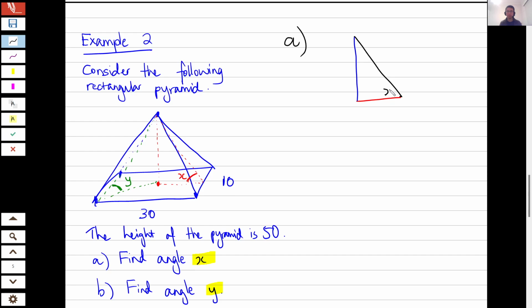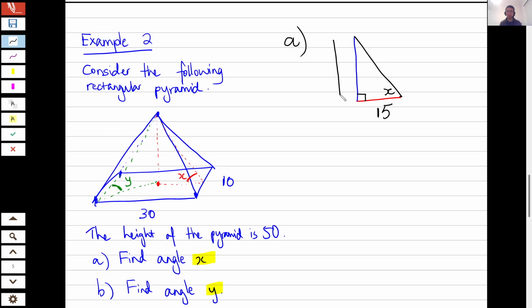Okay, so that's angle x here, and this is a right-angled triangle. And now the question to ask is, can we label the sides of this triangle? Well, if I start here, it's halfway along the 30. Half of 30 is 15. So we've got one side.